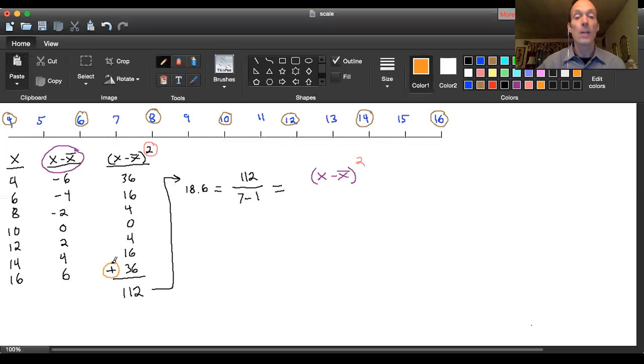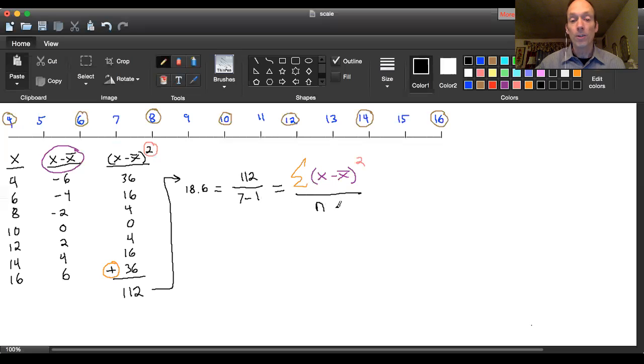We had to come in and add them up, didn't we? And in statistics, we use a summation sign on the outside to indicate that we've added something. And on the bottom of our formula, we had 7 minus 1. And that 7 stands for something. It stands for the total number of observations. And in statistics, we symbolize that with a lowercase n. So we're going to write in lowercase n.